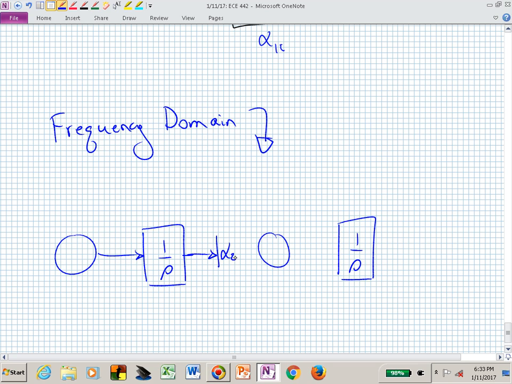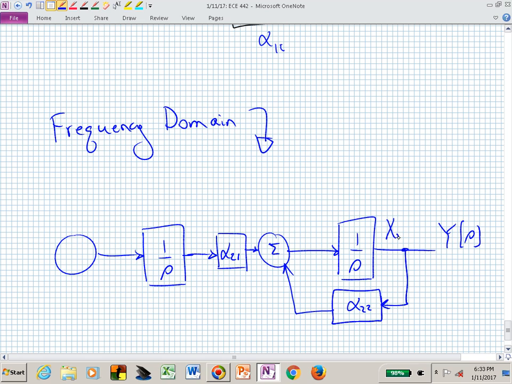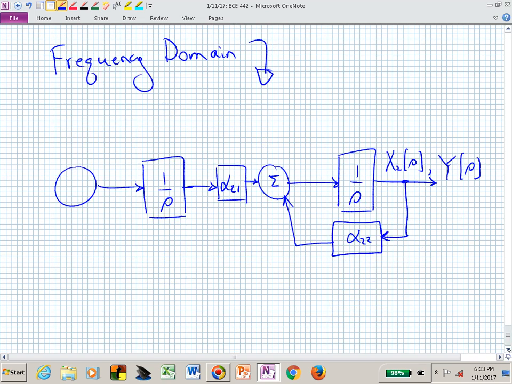Here we have an alpha 2-1, there was our alpha 2-2. This is now y of s, or x sub 2 of s. We have an alpha 1-1, and I'm including the minus sign in those coefficients.